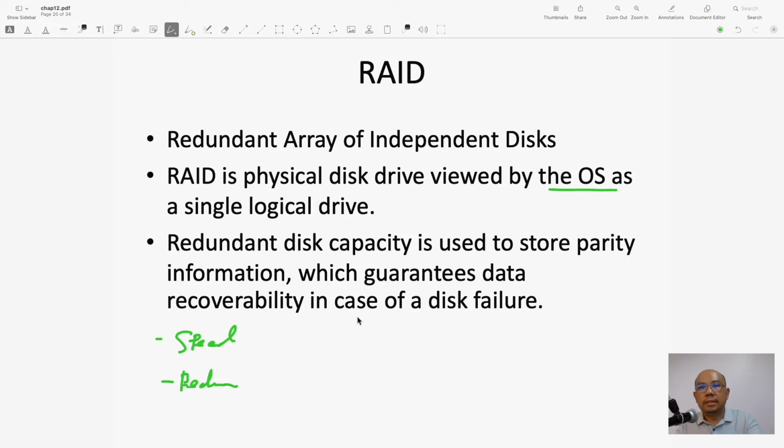That means when a hard drive has a fault, a bad sector, or an error and cannot read and write, your data will remain and you can recover the data back to the system. That means when you implement RAID, you don't lose the data when a hard drive in the system is lost.